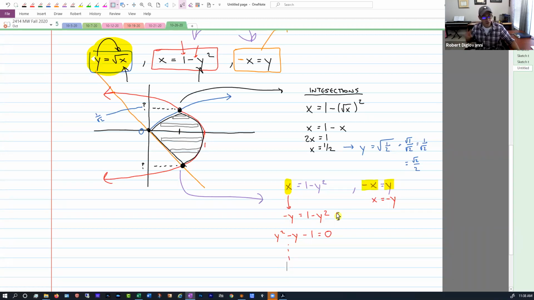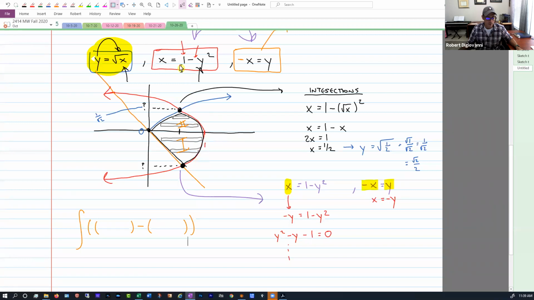Let's talk about the 2 different integrals we're going to set up. We have one integral here, I'm going to call it 1, and then the other integral is 2. Let's talk about that first integral. It's going to go from somewhere to somewhere, and it's going to be the right minus the left. Which is the curve on the right? Red one, right?